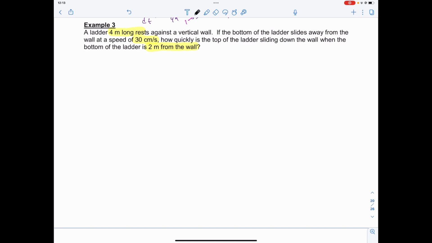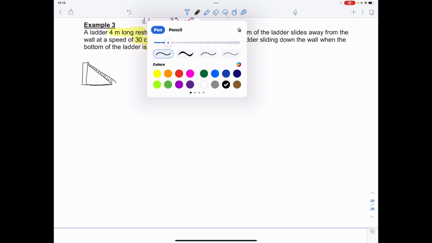So I have a vertical wall. I have a ladder that's leaning up against the wall. And I have the space in between the base of the wall and the bottom of the ladder.